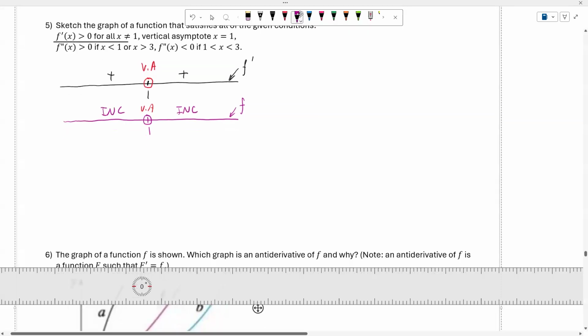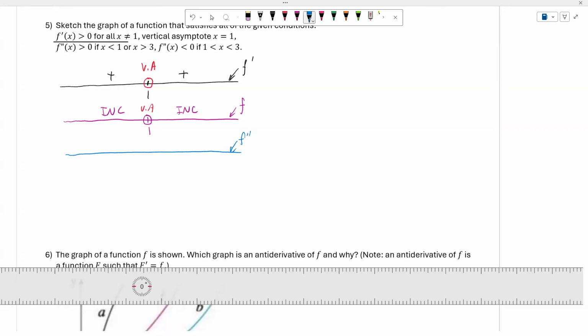Now, let us look at other information. f double prime of x is greater than 0 if x is less than 1 or x is greater than 3. So now I have information about f double prime, at 1 and 3.